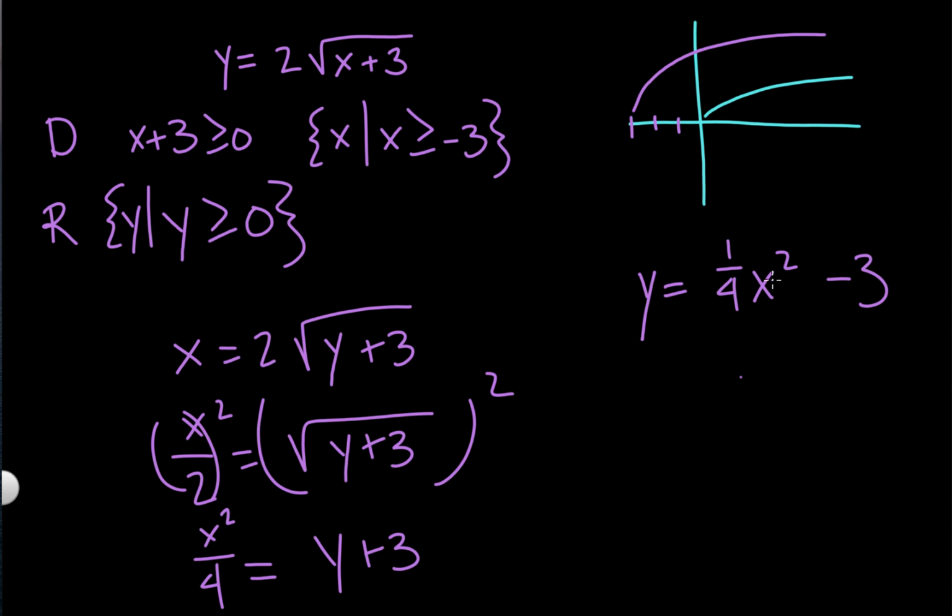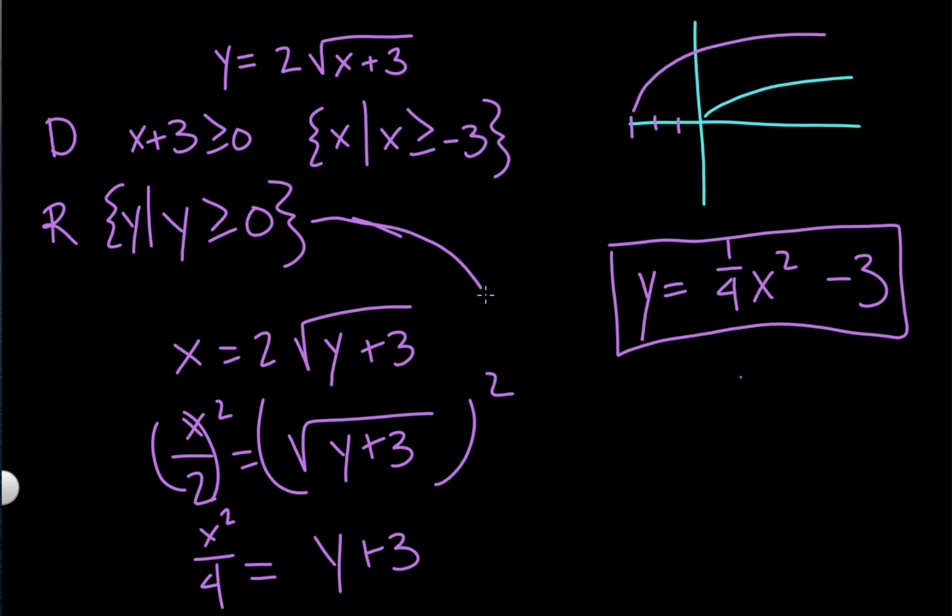Now, understand that looking at this inverse, if you were just looking at this by itself, the domain would be all real numbers. But in this case, we are looking for a domain that is the reflection of this range. So my domain is actually going to be the set of all x such that x is greater than or equal to 0.